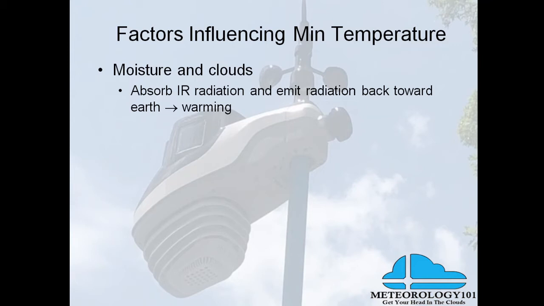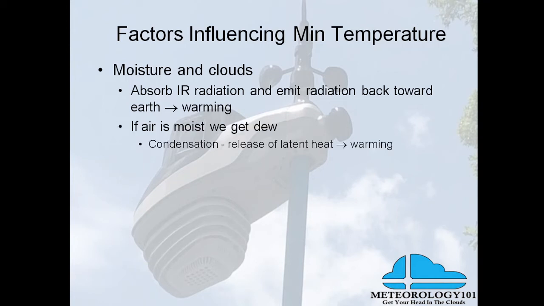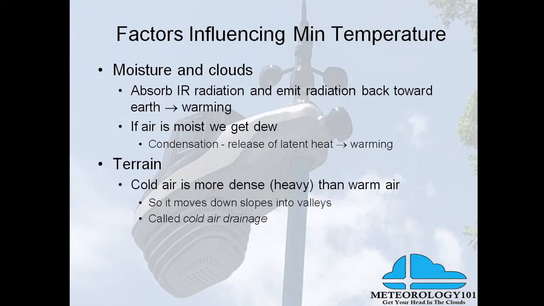So that's your greenhouse effect: the Earth emits energy, and as that heat hits the clouds, they reflect it back to the surface, and it will actually keep it warmer. If the air is moist, we get dew, condensation, which releases latent heat, and that's a warming process. Terrain: cold air is more dense, heavier than warm air, so it moves down slopes into valleys, called cold air drainage.